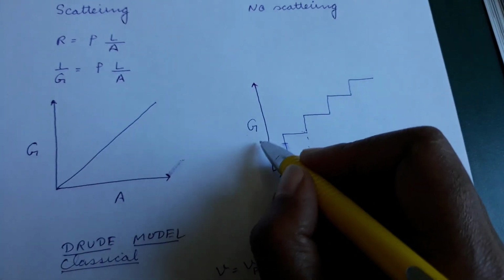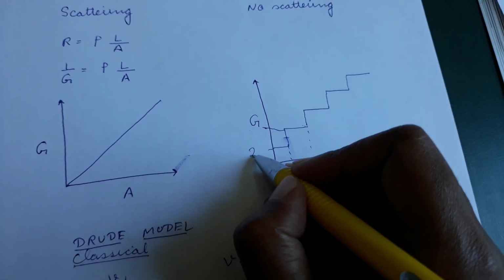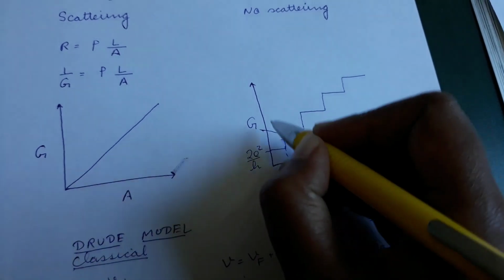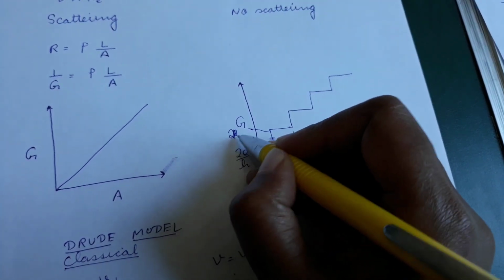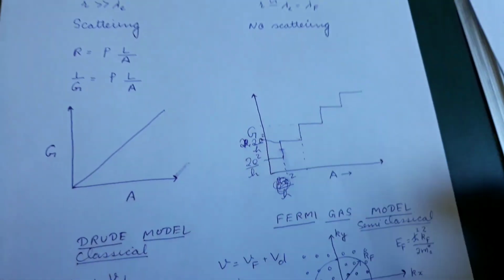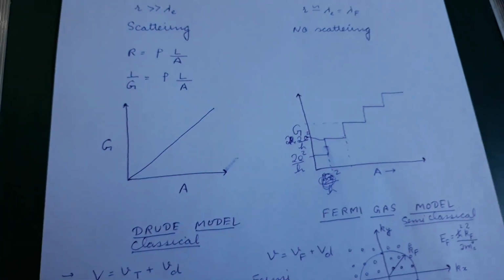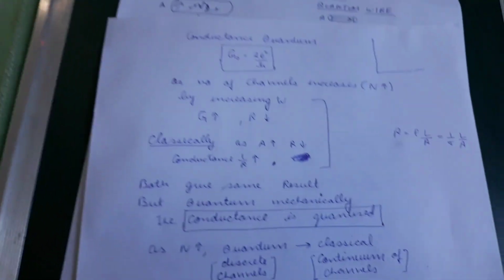It is conductance actually, and the area will be W. So here it will be 2e square upon h, then 2 into 2e square upon h, then 3 into 2e square upon h, and so on. So it will be a step function.